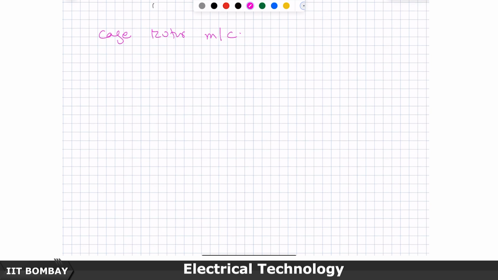The only way to get that control is by altering the supply voltage, because now on the rotor side I have nothing, its bars are shorted, it is all sealed, and that is the simplicity of the cage construction, it is fireproof, everything is there.